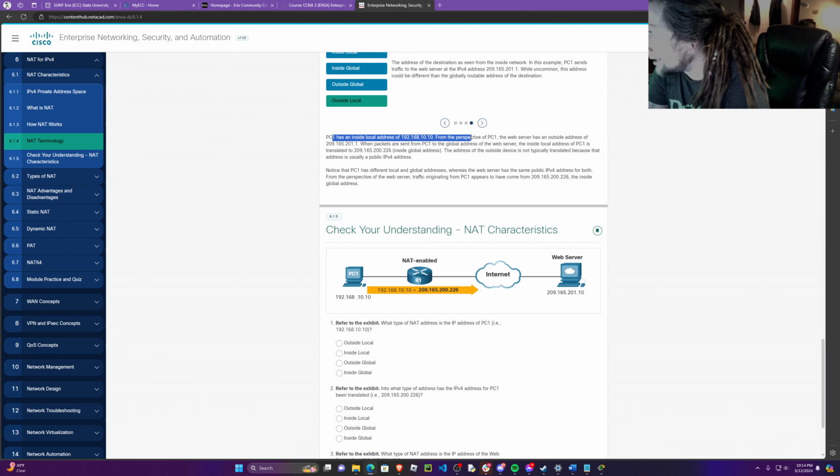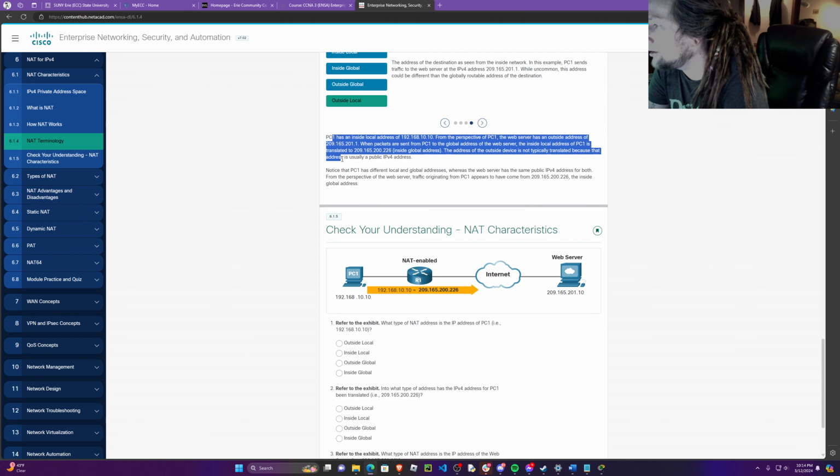The web server has an outside address of 209.165.201.1. When packets are sent from PC1 to the global address of the web server, the inside local address of PC1 is translated to 209.165.200.226, or the inside global. The address of the outside device is not typically translated because the address is usually a public address.